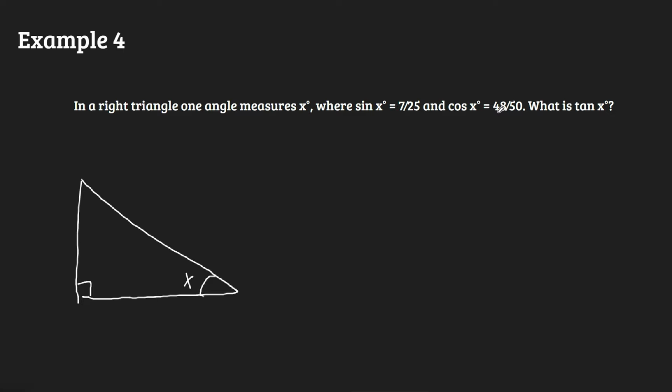So if the cosine of x is equal to 48/50, then that means that the cosine of x is also equal to 24 over 25. So now I also have that the sine of x is equal to 7/25. So we have some kind of commonality here in terms of the denominator. And of course the denominator in this case, if we remember SOHCAHTOA, is going to be the hypotenuse.